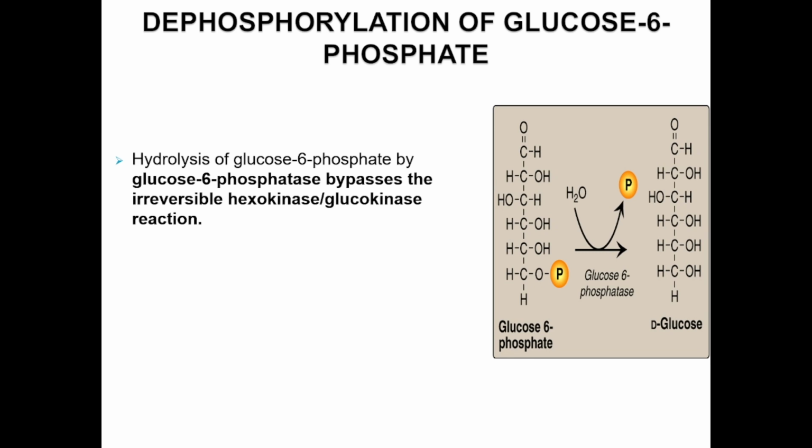The last irreversible reaction: we convert glucose 6-phosphate to free glucose, D-glucose, by adding water and releasing the phosphate group, under the action of glucose 6-phosphatase. If you remember from the glycolysis lecture, I told you that the function of phosphorylation is to trap the glucose inside the cell.